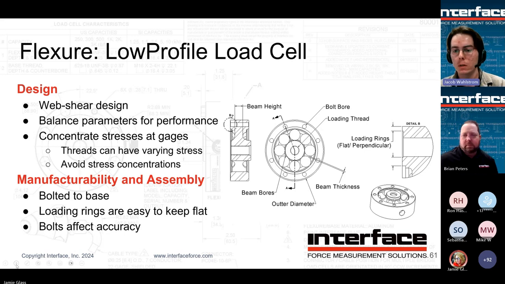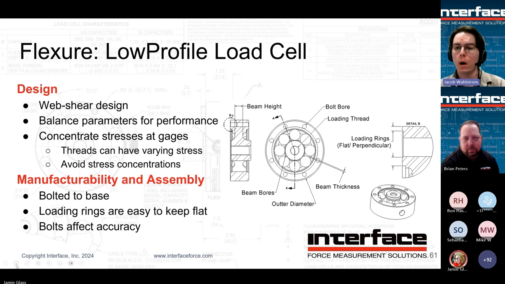You see there the beam height and the beam thickness. That's going to control the stress or the strain at your gauges, and that's very important because not only does it control the relationship between force and strain, it also determines how the strain flows through the flexure.